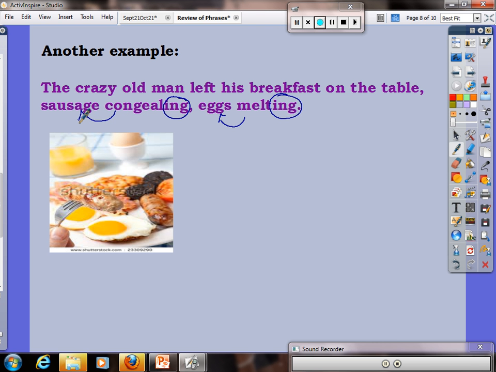Are they describing the breakfast on the table? Yes. Sausage congealing, eggs melting, both describe the breakfast on the table. If they're describing a noun, which breakfast is, then those are absolute phrases. I can take them out of the sentence completely. The crazy old man left his breakfast on the table, and that makes sense. So those are two absolute phrases modifying breakfast in that sentence.